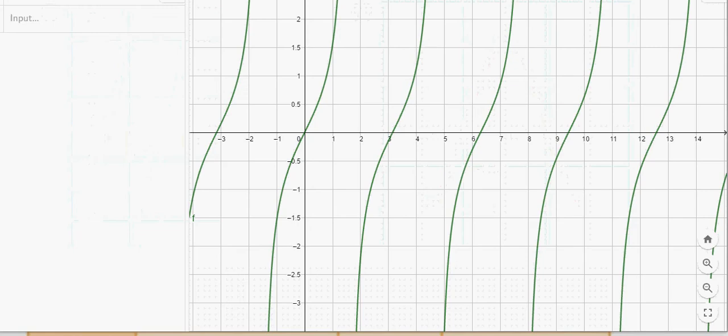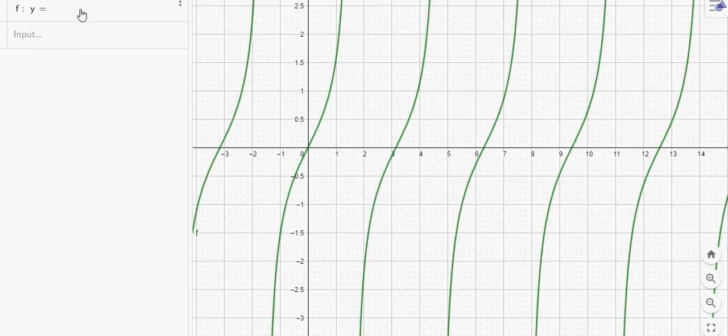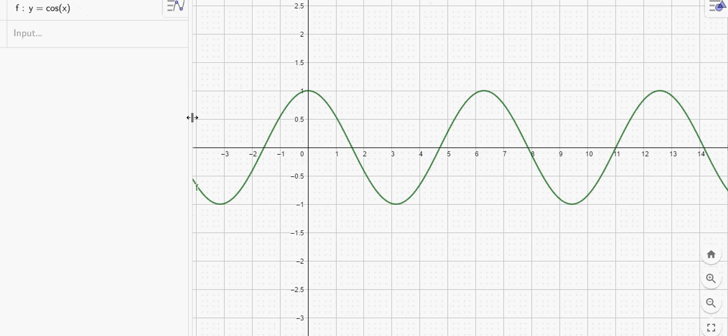So check this. If I say y equals cos x, I'm currently changing this to cos x. That's y equals cos x. It starts at the top and goes downwards.